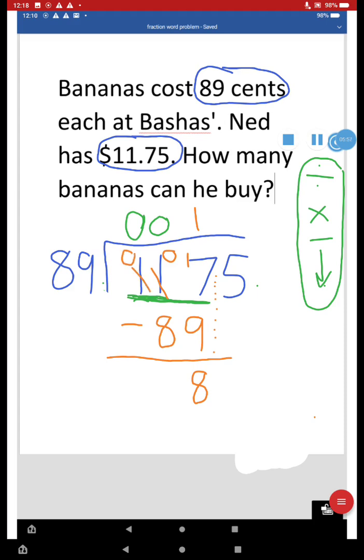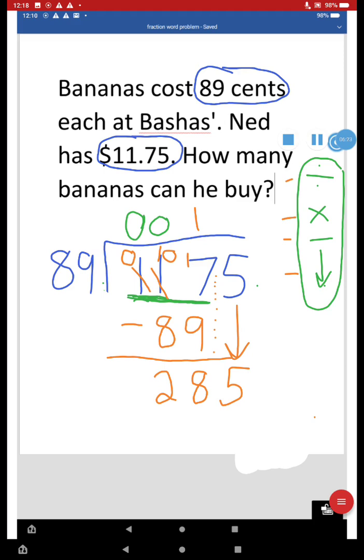Borrow, this becomes a 0, this becomes a 10. 10 take away 8 is 2. All right, now that I've divided, multiplied, subtracted, now I have to bring down that 5. All right, well, can 89 fit into 285?